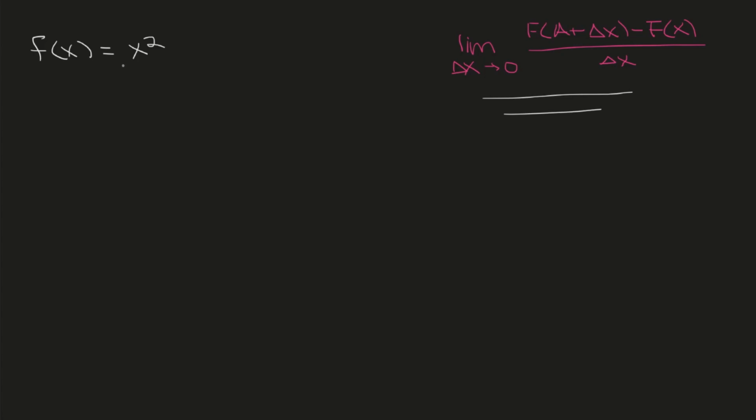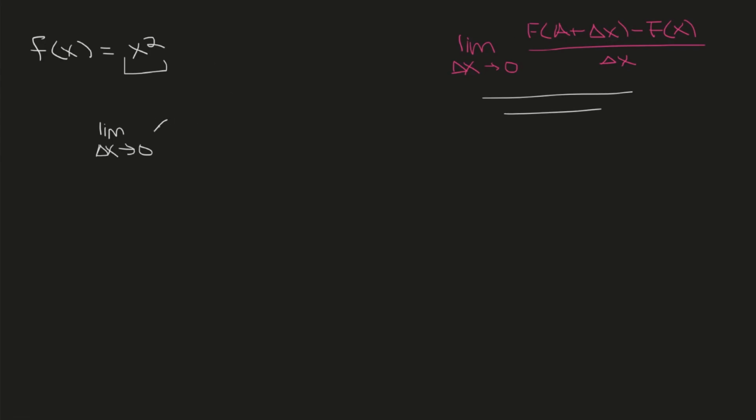So the function we have here is f of x equals x squared, and plugging that into our limit function, we get the limit as delta x approaches 0. Now remember that f of x is x squared, so we're basically plugging in a plus delta x into x squared.